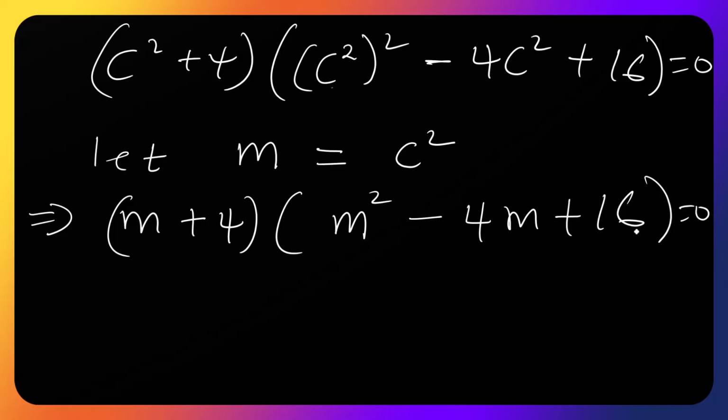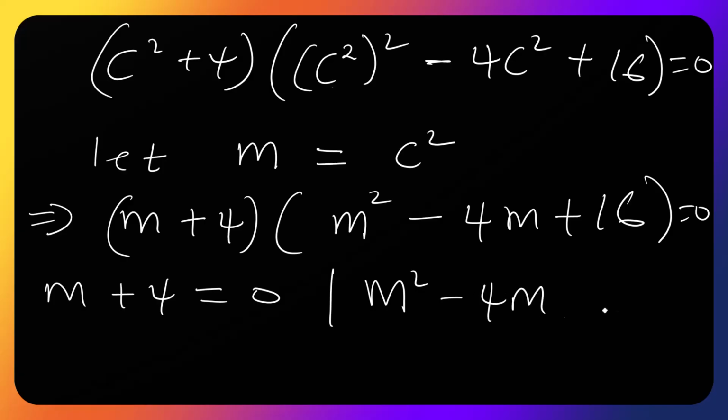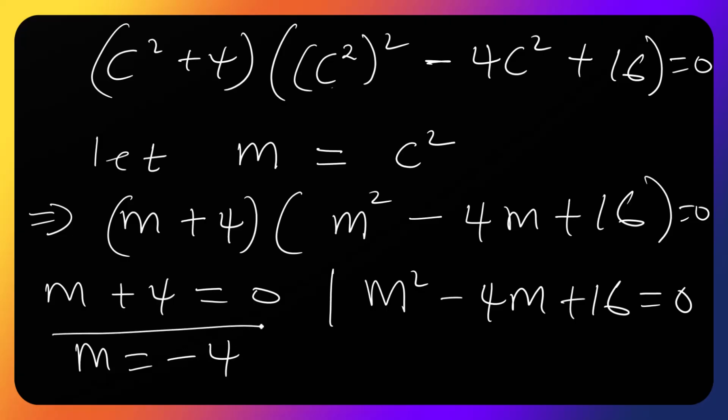When you come across a situation like this, it means m plus 4 equals 0, or m squared minus 4m plus 16 equals 0. So the first answer for m will be -4.